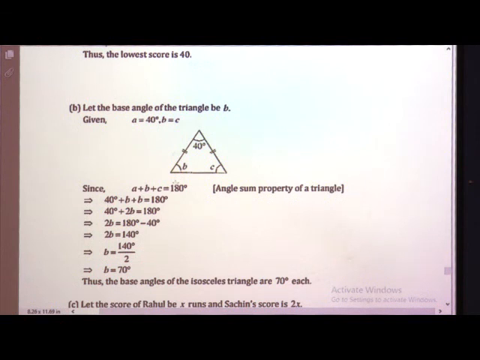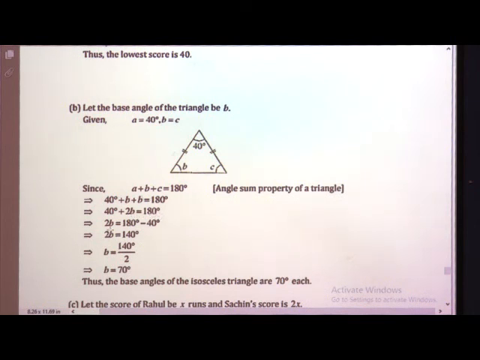So, the value of A is 40. So, 40 plus B plus B is equal to 180. Why have I written B twice? Because they are base angles, which are equal. So, 40 plus 2B is equal to 180, because B plus B is 2B.